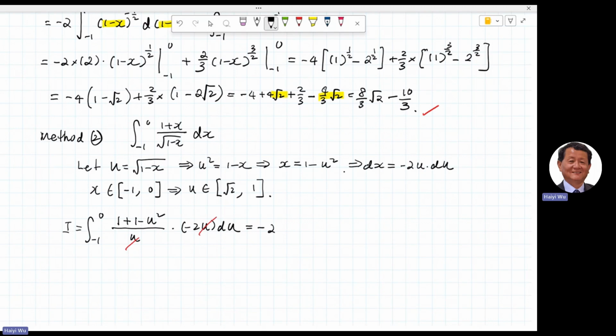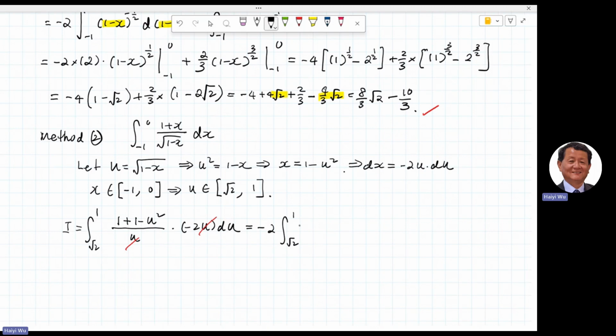So we move a negative 2 outside from the negative 1, so it's not a negative 1 anymore. It's because we replaced x with u, so we need to change to a new domain, square root 2 to positive 1.